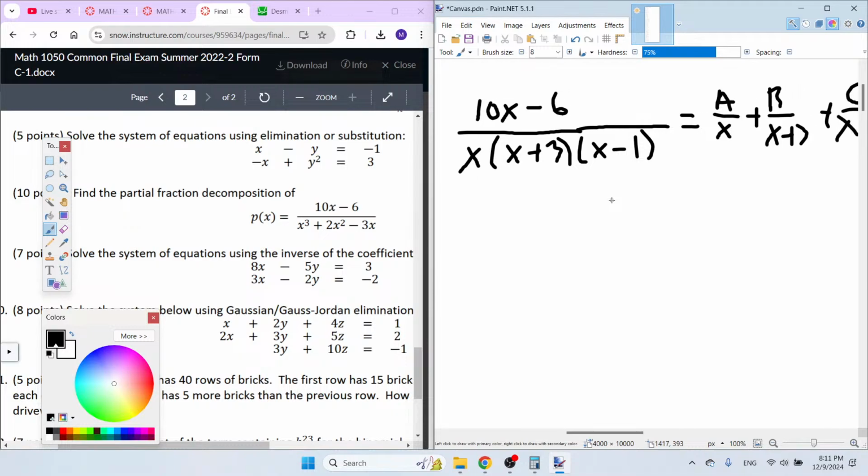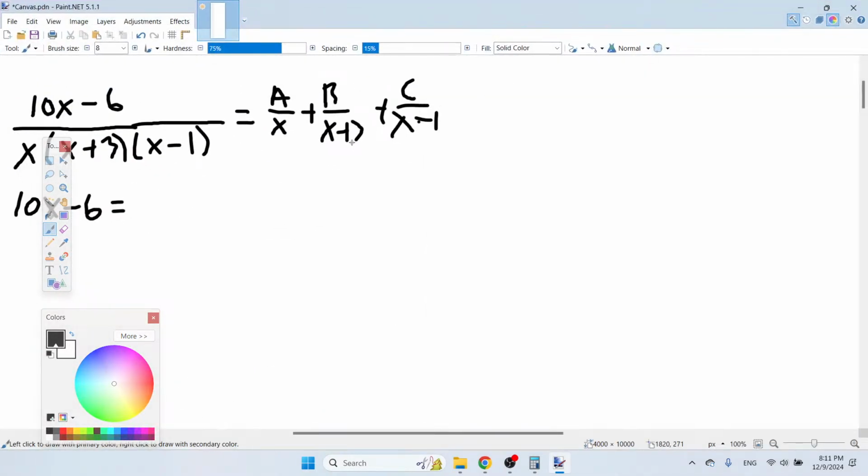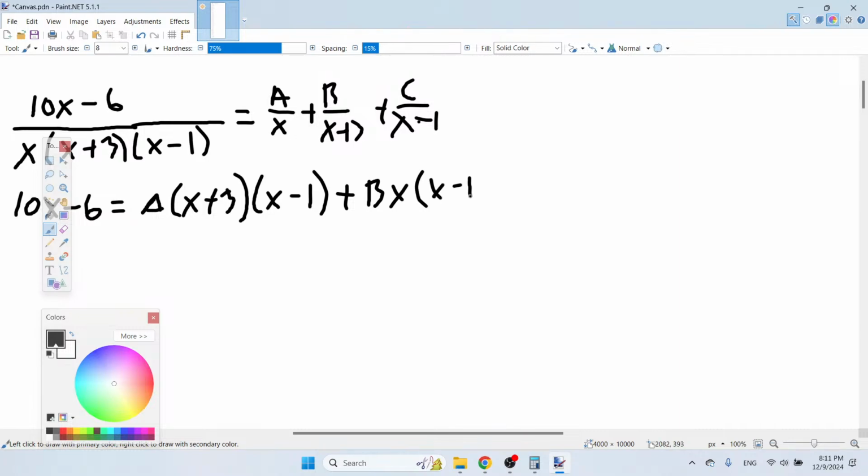We get 10x minus 6 equals, we're going to need our full board for this, A times x plus 3 times x minus 1 plus Bx times x minus 1 plus Cx times x plus 3. Make the a look like an A if we can.